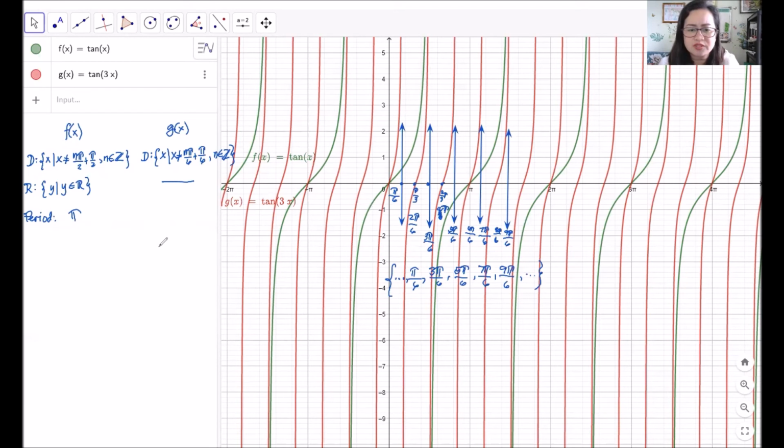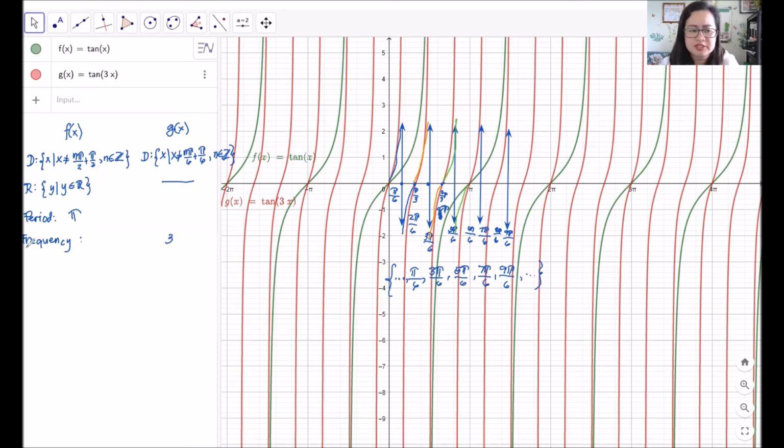In the interval 0 to pi, there are 3 complete cycles in g of x. Let's start. We have 1, then another here, I'll use a different color, 2, then another here, 3.